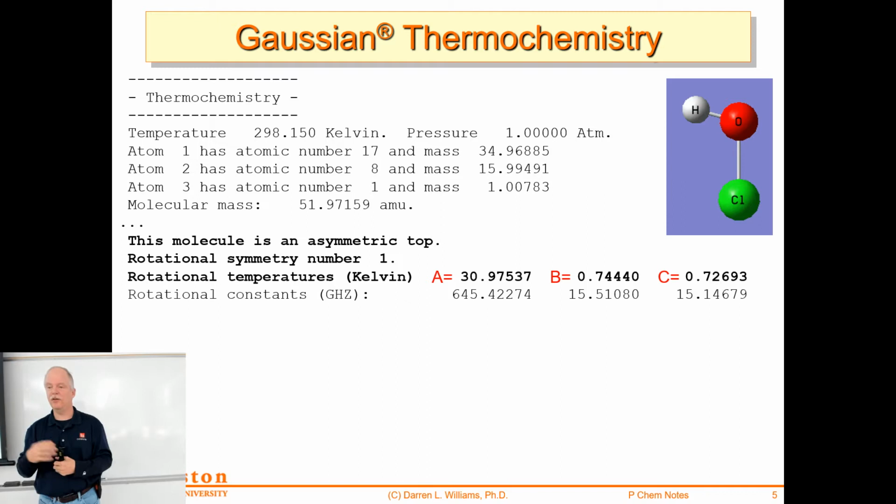It's telling you, you did this calculation at 298.15 Kelvin, which is room temperature by definition, and 1 atmosphere by definition. And you can change the isotopes. If you just go with the defaults, it goes with the most abundant isotopes, not the average, because how can you calculate an average atom? So Gaussian's calculating a particular isotope. It's doing carbon 12, oxygen 16, hydrogen 1. So it's not taking into account any carbon 13s unless you tell it to.